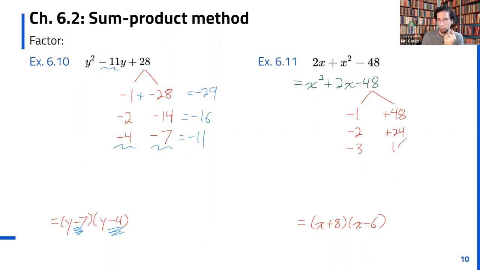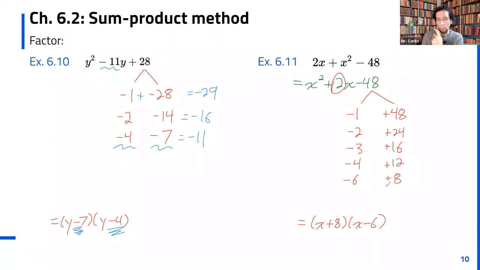We can notice here that the B value is just 2. So things like 1 and 48 are obviously going to be really far. We want two factors that are pretty close here. But let me write some more of these out a little faster. 4 and 12, and we have -6 and positive 8. And okay, it looks like that's the end there.